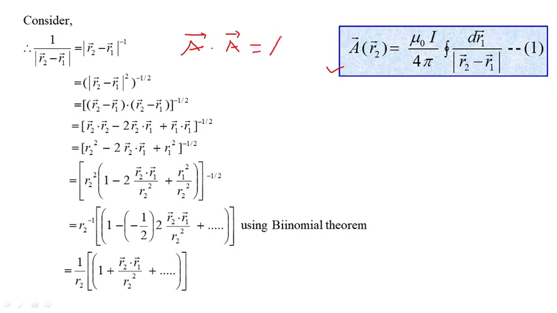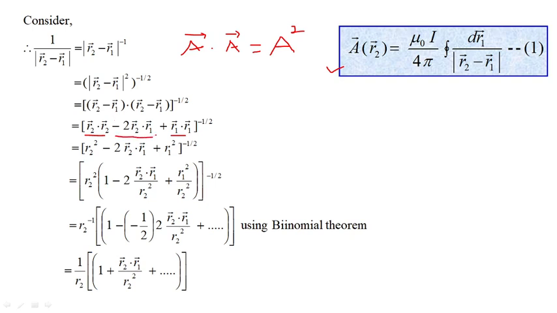Same thing here: modulus of R2 minus R1 squared is R2 minus R1 dot R2 minus R1. Then you expand this, taking into account that these are vector quantities with a dot product. So R2 dot R2, then R1 dot R1, and minus R2 dot R1 minus R1 dot R2, that is minus 2 R2 dot R1.